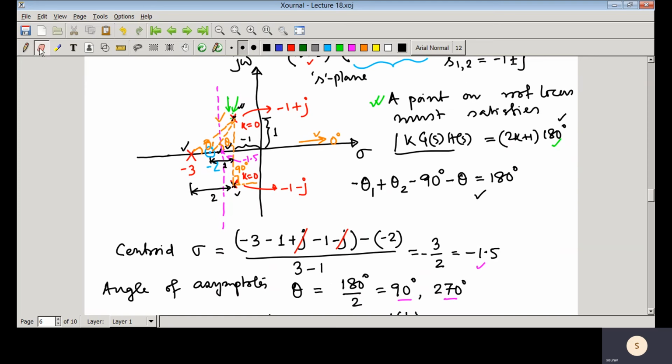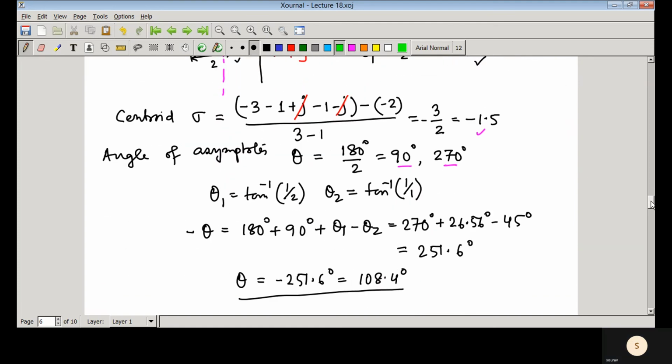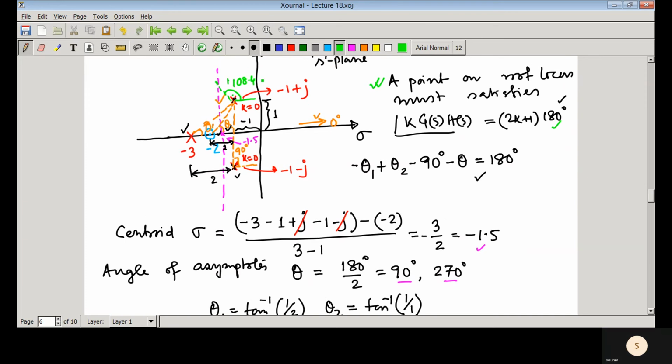So here you can see what happens. If we take this as the reference, and here this is the angle 108.4 degrees. So whenever k varies, the root locus will go like this.